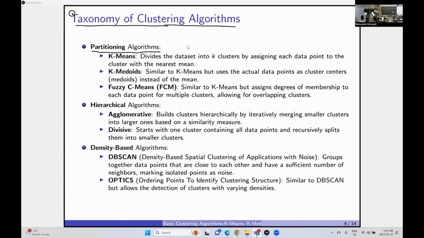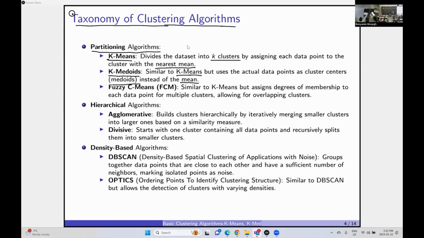What are they? Examples: K-means. Basically, K-means divides the data set into K clusters, K is the number of clusters, by assigning each data point to the cluster with the nearest mean. I will explain this algorithm in a few slides. K-medoids, which I will also explain in a few slides, is similar to K-means, but rather than mean, it uses medoids.